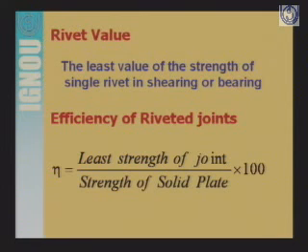So finally we want to know the efficiency of the riveted joint, and that efficiency is calculated as the ratio of the least strength of the joint divided by the strength of solid plate. You can calculate both. Divide the least strength of the joint by the strength of the solid plate, multiply it by 100, and you will get the efficiency of the riveted joint.